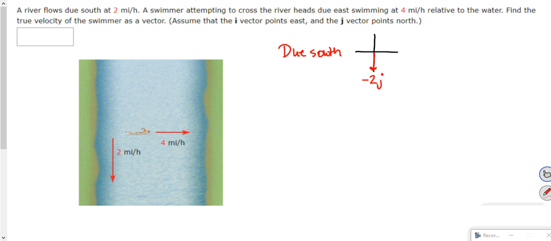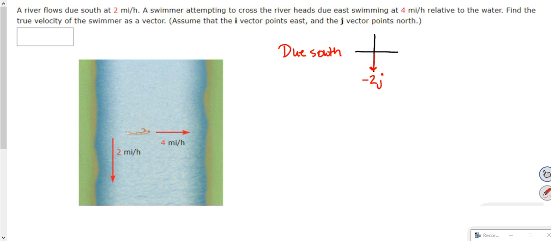I hope you all see that. Due south is a negative 2j. There's no i. Absolutely no i, because we're not going east or west or horizontal at all. We're just going due south, which is down. That's why it's a negative 2, and that's j.